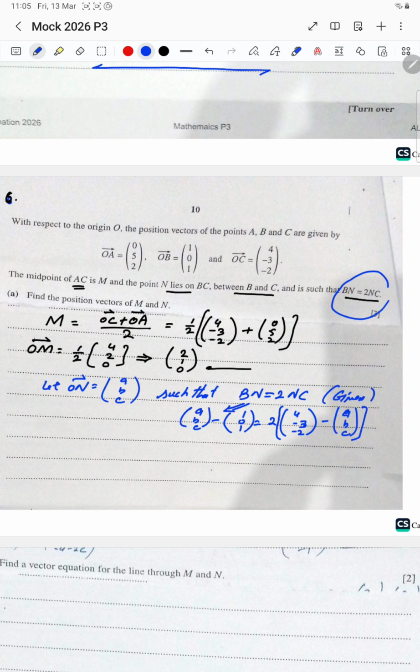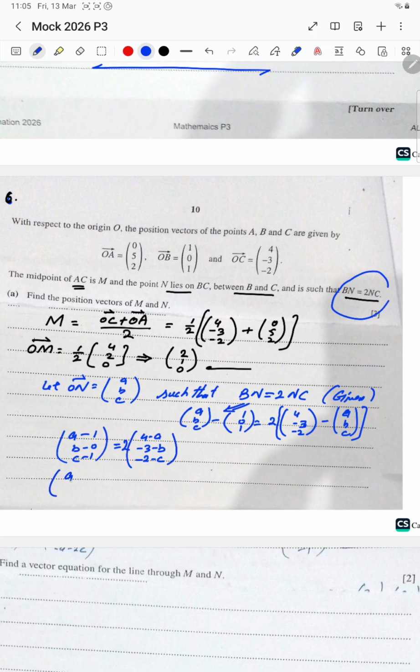Okay, now we have (a minus 1, b minus 0 is b, c minus 1). Okay, let it be here. 2 times it will be (4 minus a, minus 3 minus b, minus 2 minus c).